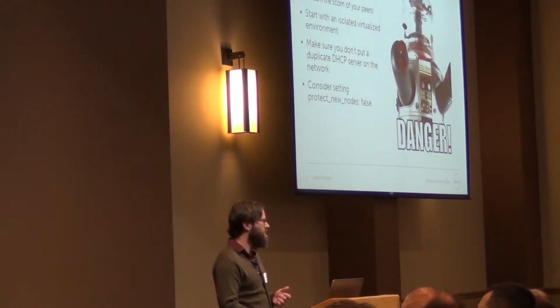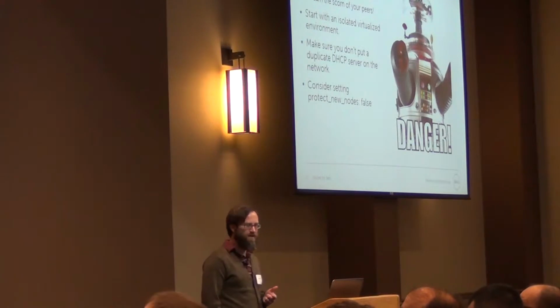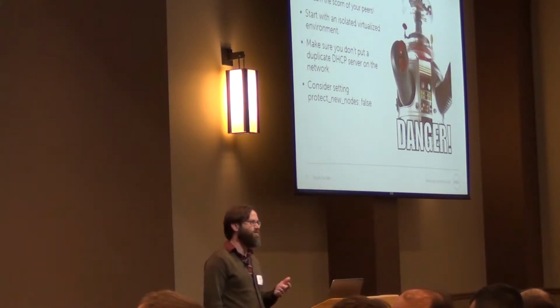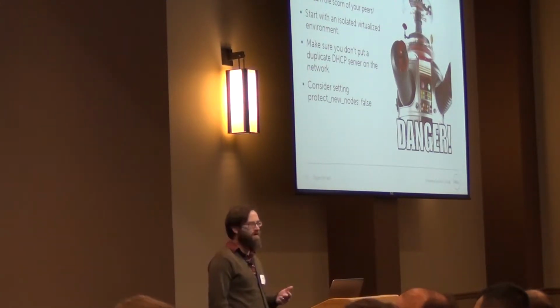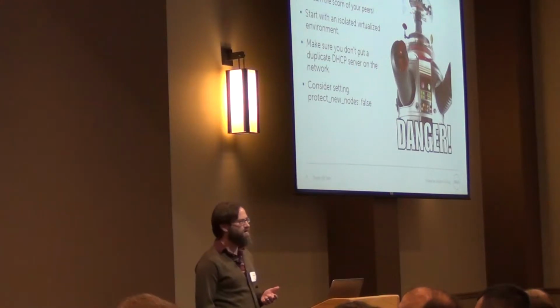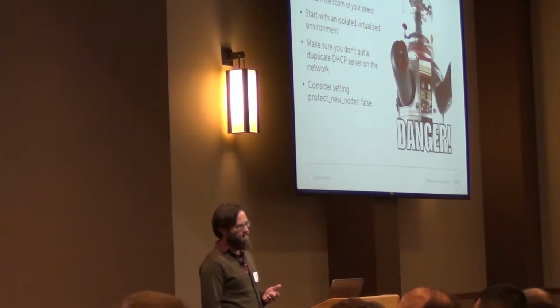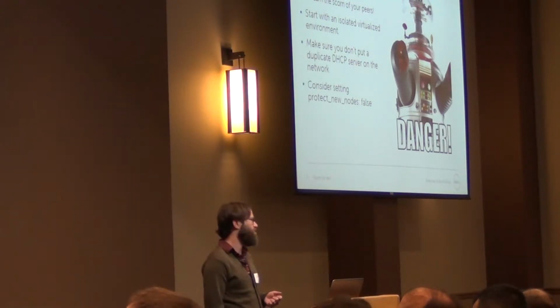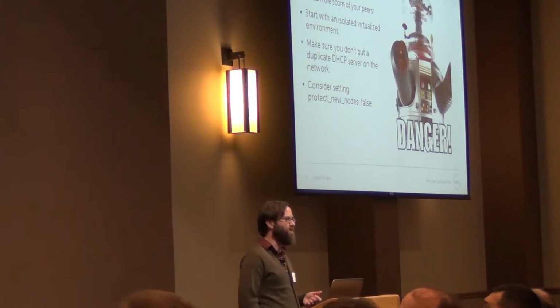But the Danger Will Robinson slide: if you go through the Puppet Labs Razor walkthrough, they'll warn you about this as well. The things to note are we're installing operating systems, so you have a good chance of wiping out somebody's hard drive if you don't know what you're doing.